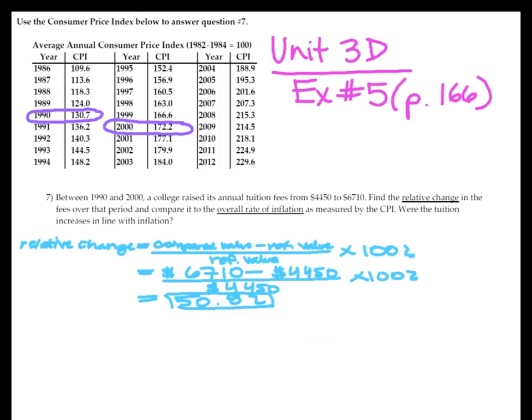Okay, so the overall rate of inflation from 1990 to 2000 is a different formula. And remember, this can all be found on page 166 of your textbook.